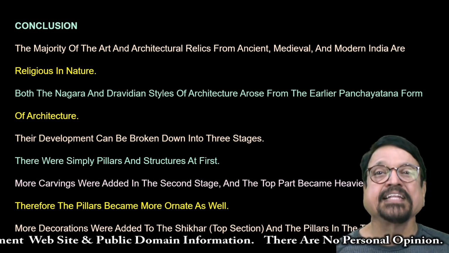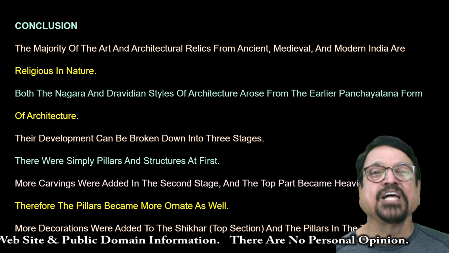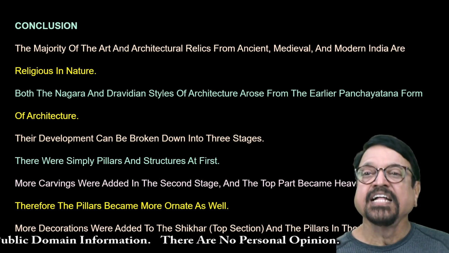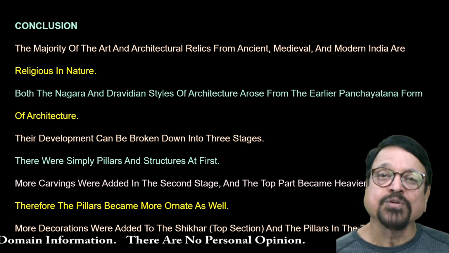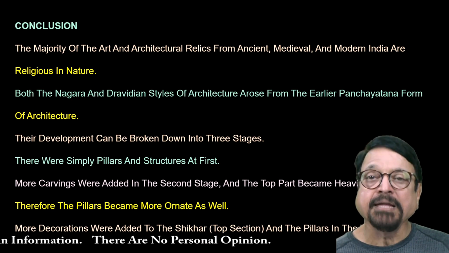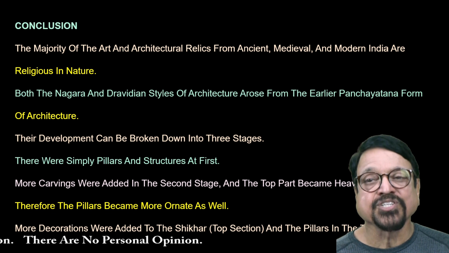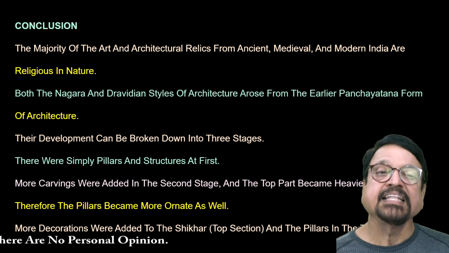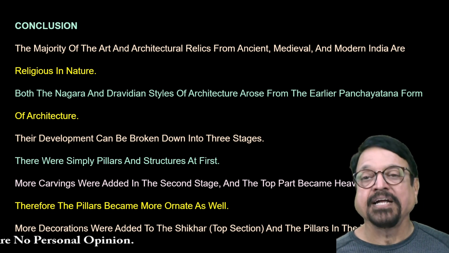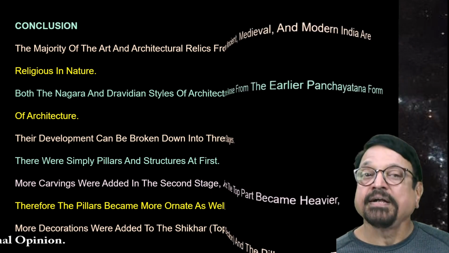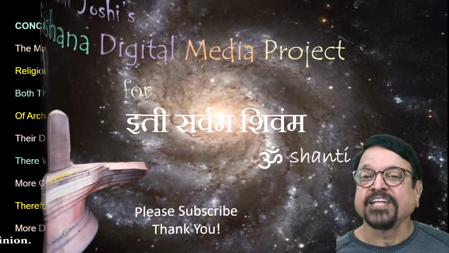Now, both the Nagara and Dravidian style of architecture arose from the earlier Panchayatana form of architecture. The development can be broken down into three stages. There was simply pillared, then carvings, then came the standalone structures, and then the gigantic structures with the pyramids and Gopuram. Then ornamentation was the further addition.